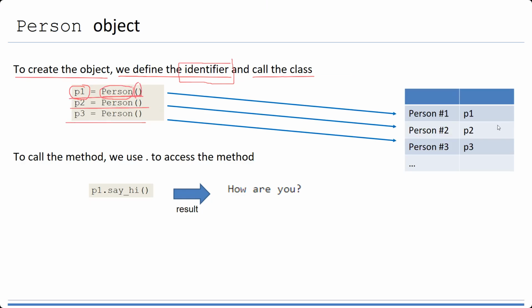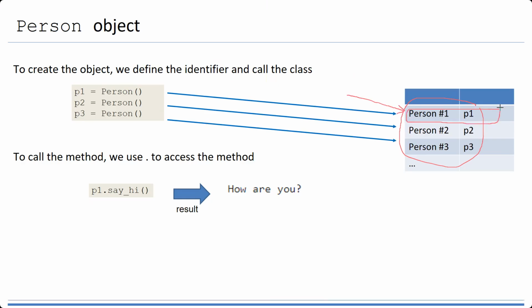And if you look at this table here, it is a kind of data. So person number 1 is the data in row number 1. Person number 2 is the data in row number 2. Person number 3 is the data in row number 3, and so on.